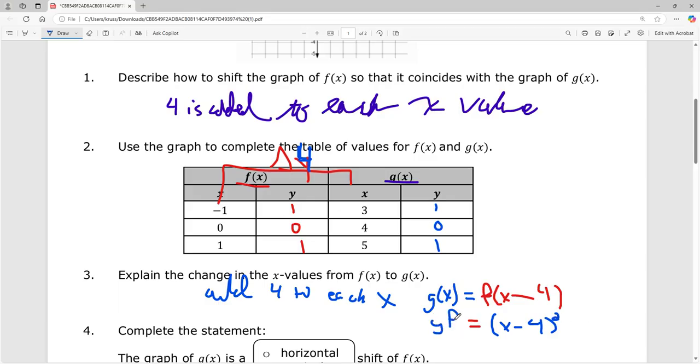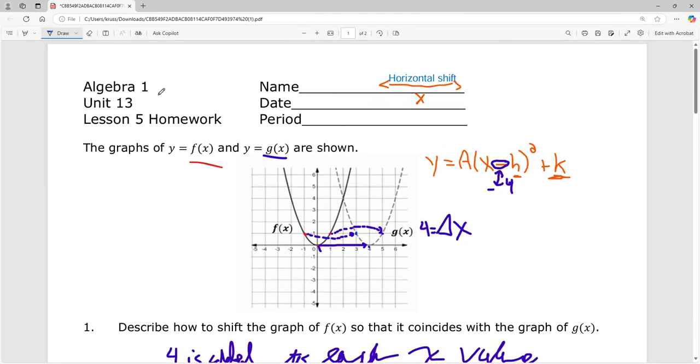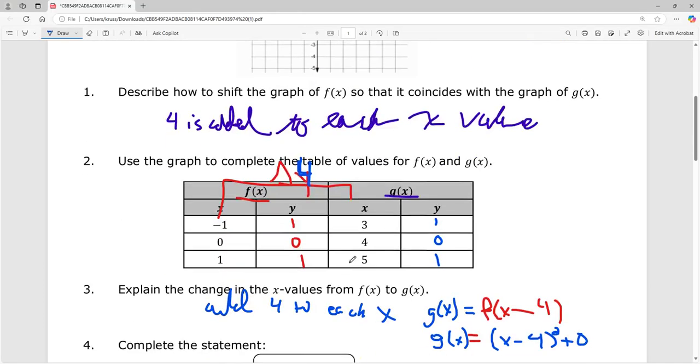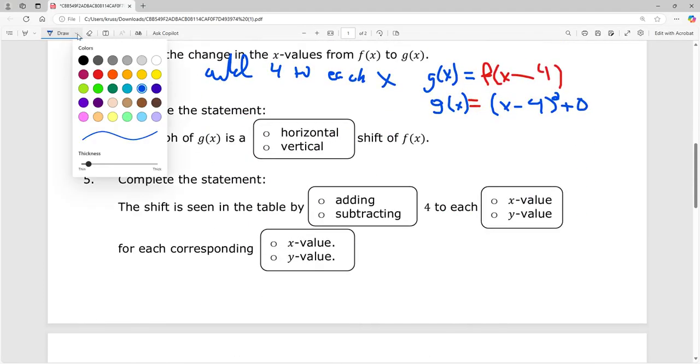G sub x equals, and if you want to do plus 0, that's fine. But I can say it because this gives me my x-intercept at positive 4, because you have to take the opposite of my h value. Okay, so let's complete the statement here.